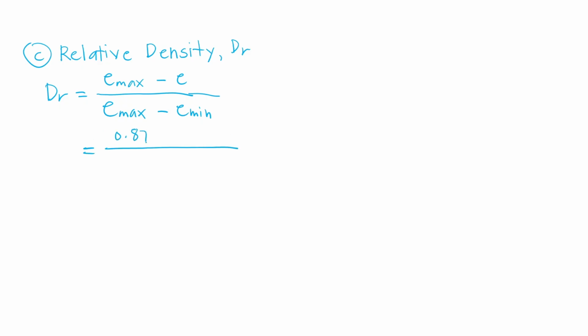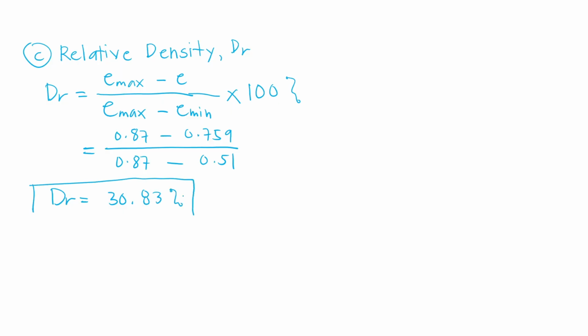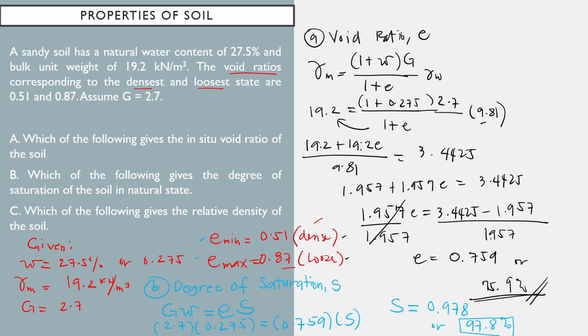So, yung E max is equal to 0.87 minus 0.759, yun yung void ratio natin, divided by yung E max na 0.87 minus yung E min na 0.51. So, yung relative density natin is equal sa 30.83%. Ayan. So, yan yung relative density ng soil natin or yun yung compactness ng soil natin. So, yan yung mga sagot natin for this problem.